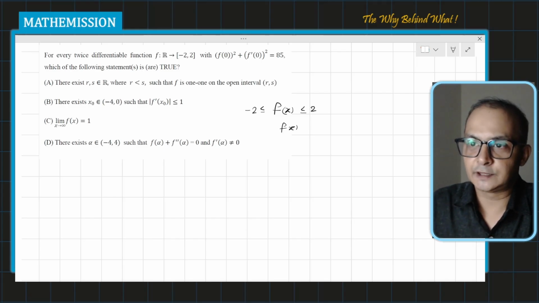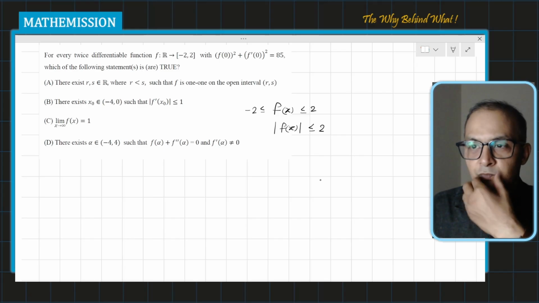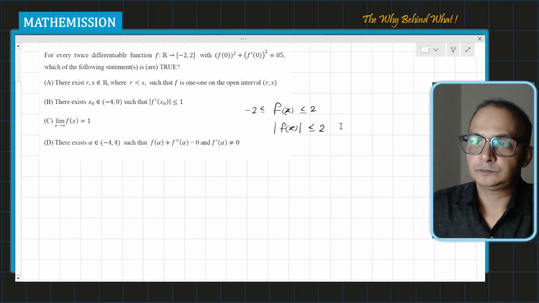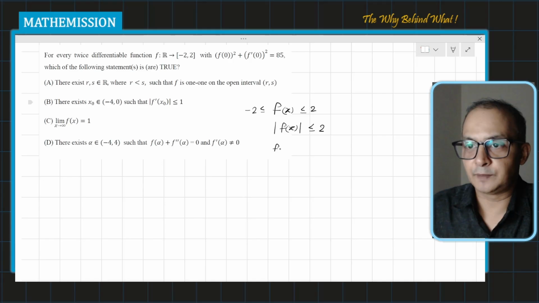It means if I take the mod of f(x), that will always be less than or equal to 2. Now if I substitute 0 in place of x, then mod f(0) will also be less than or equal to 2.